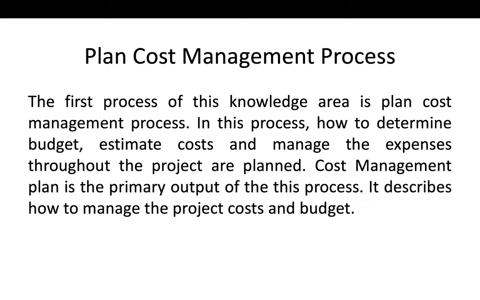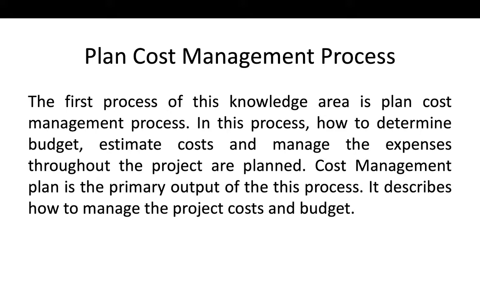So in cost management, we also do some planning. And what do we do in this planning? We estimate the cost. This means we estimate how much cost this project will have, how we will manage those costs, and we will also think about the factors that can affect the costs.